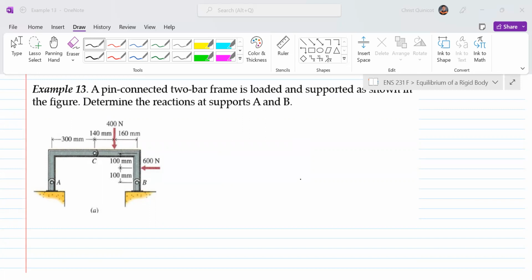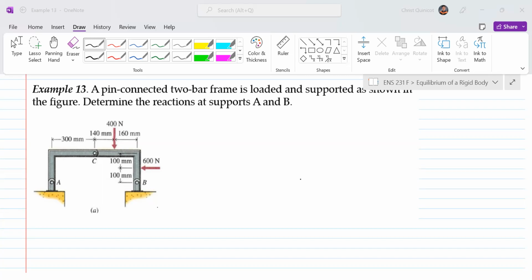We can do that, but since our AC has no applied force on it, it is best that we consider our AC to be the member that has a two-force action on it.